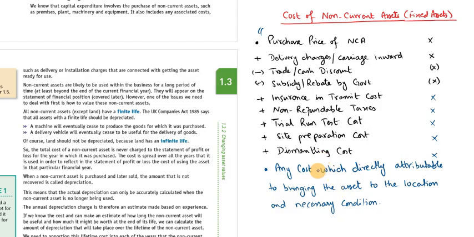All the costs during this time frame will be part of the non-current asset, from the purchase price to the plant running for production and being available in the business premises.